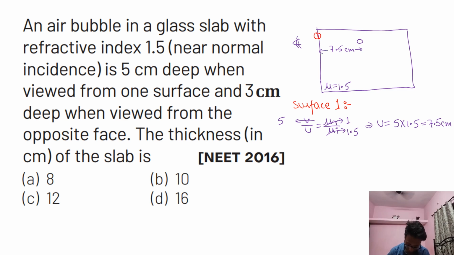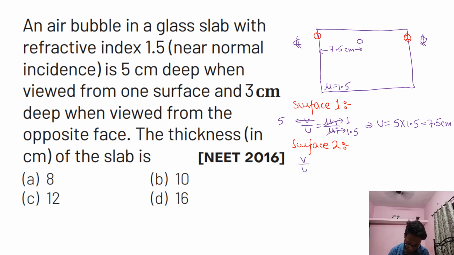Now from surface 2, the observer is seeing this bubble, and he is observing 3 centimeter. That means from surface 2, can I apply the same formula for curved surface?